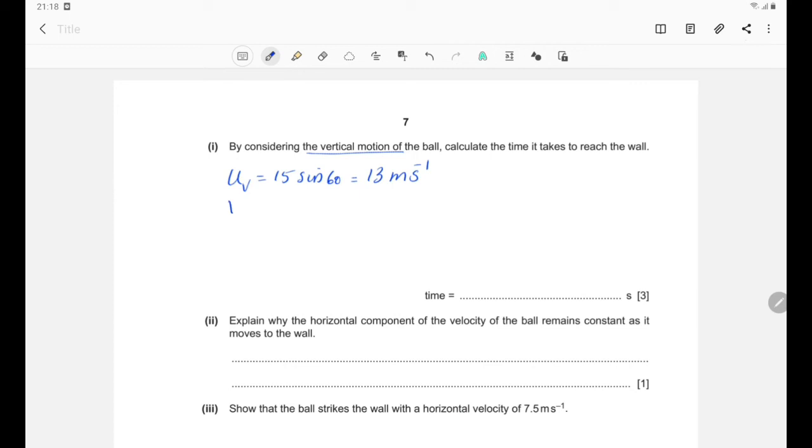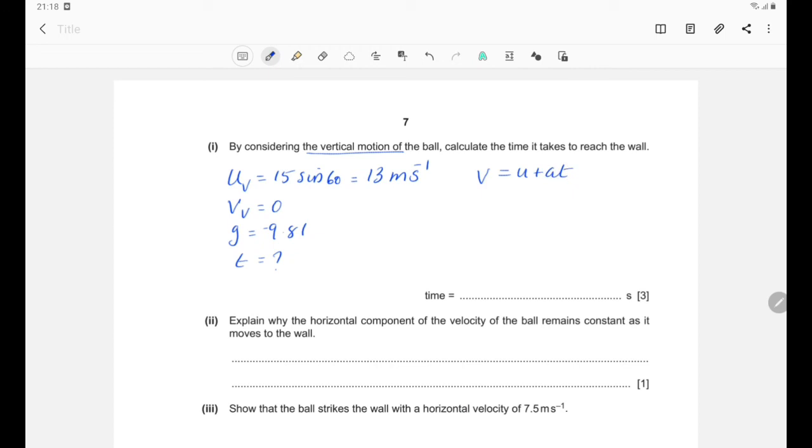And final velocity vv is equal to 0. And g value is minus 9.81. You need to find out time. So you have to choose which SUVAT equation you have to use, where you don't have displacement. So here you can use the equation v is equal to u plus at.